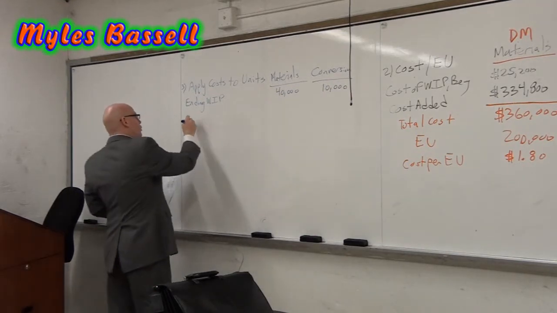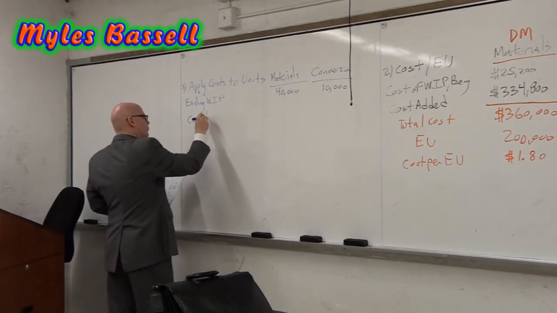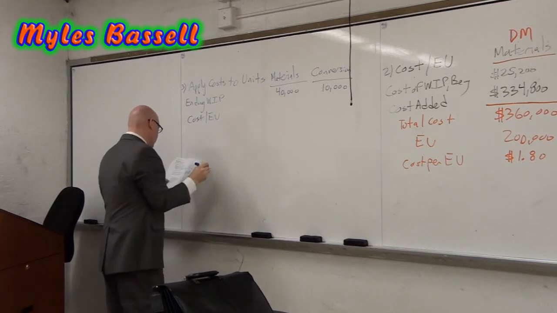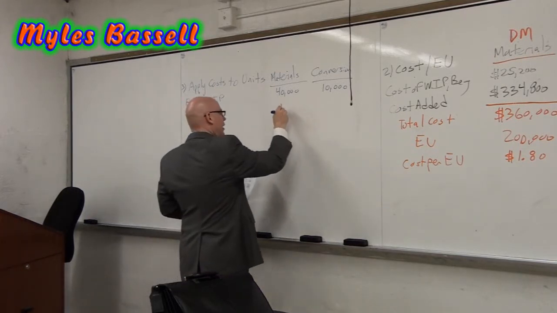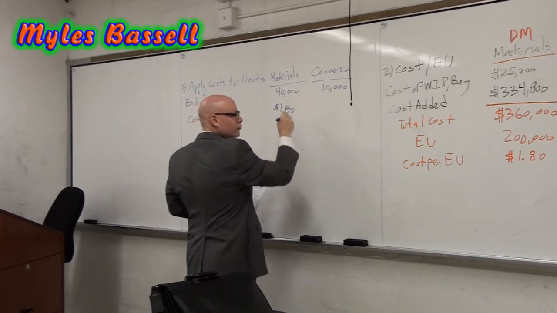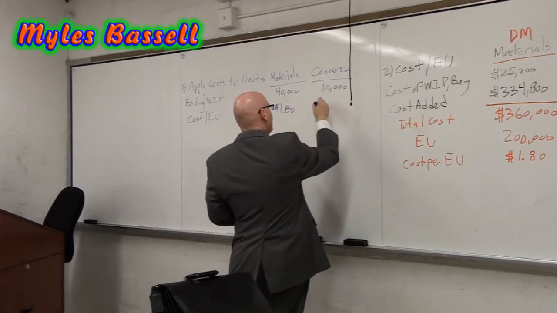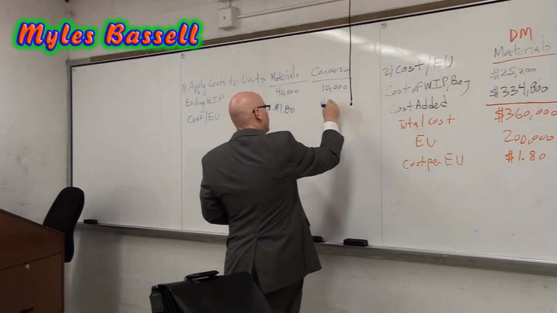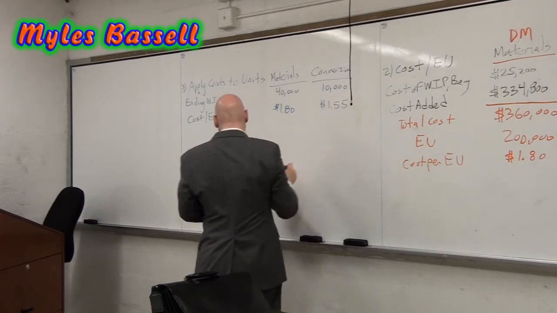Now we know the cost per equivalent unit is $1.80 for materials, and Siobhan told us $1.55 for conversion.